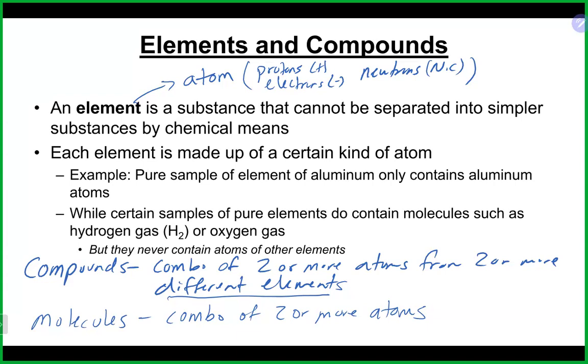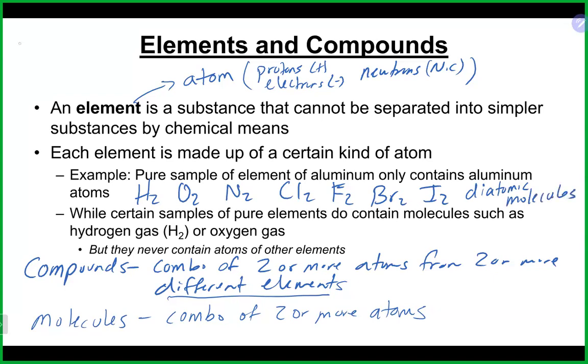But there are certain elements that come as twos, basically. So hydrogen, for example, oxygen, nitrogen, chlorine, fluorine, bromine, and iodine. These all come as twos, which are referred to as diatomic, di meaning two, atomic meaning atoms, molecules.